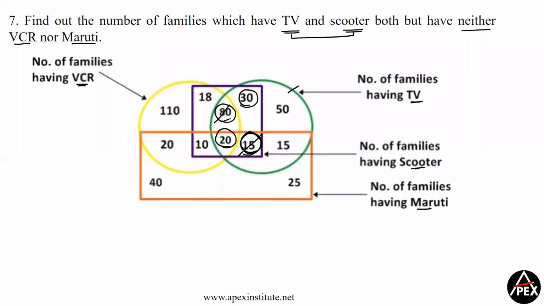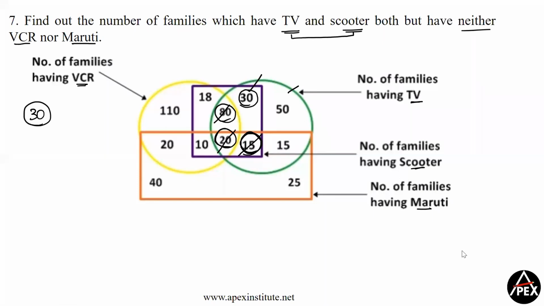Now what do these 20 families have? They have all these 4 facilities with them. So they are having TV, scooter. So these can also be eliminated. So the number of families which have TV and scooter will be 30. So the answer for this question is 30.